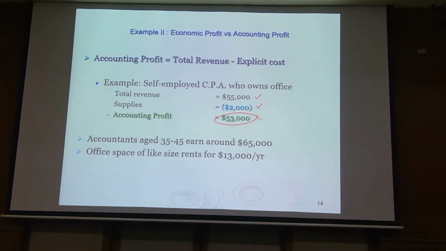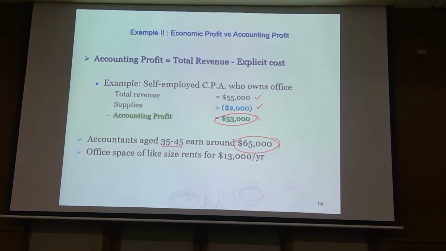But after we actually consider the opportunity cost that this guy incurred, suppose he is around 35 to 45 years old. If he worked somewhere else, at another accounting company, he should earn 65,000 a year, for example. And the office space that he uses to run his own accounting office, he could rent out instead.